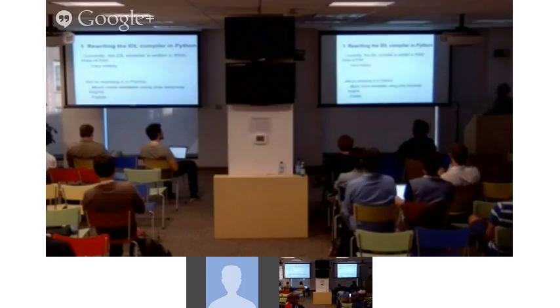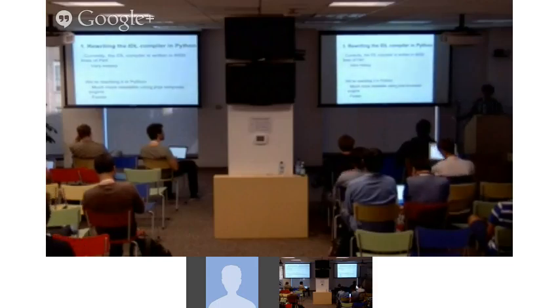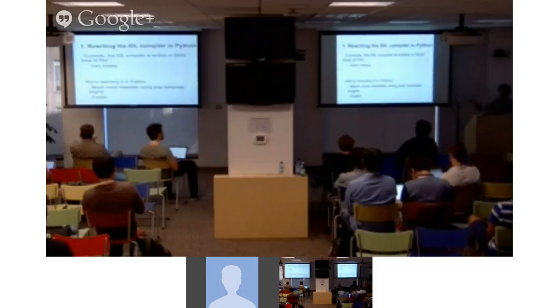Currently, this IDL compiler is written in 8,000 lines of Perl scripts. And as you know, Perl is a messy programming language. As a result, this IDL compiler is very messy. So we are rewriting this IDL compiler in Python, and we are also using the Jinja template engine for code generation.